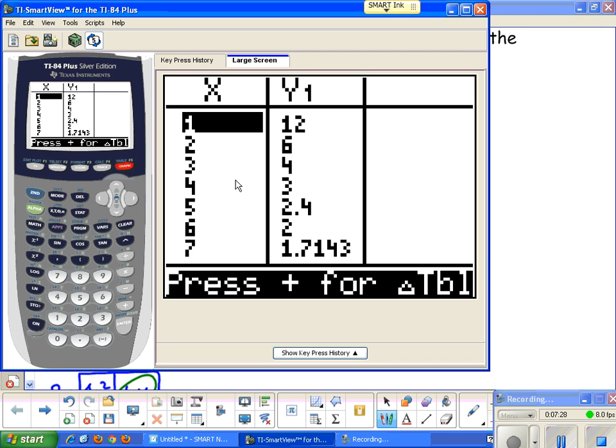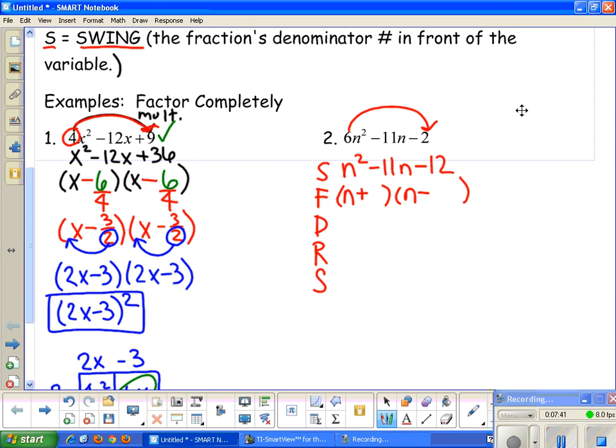So one that's going to add up to negative 11 would be if the larger number is negative and the smaller number is positive. So negative 12 plus 1 would give me negative 11. So if I go back here, I know that this is going to be positive 1 and negative 12. Now that I have that, the next step would be to divide the number that I slid in the original problem, which was 6. So I'm going to divide each number by 6.